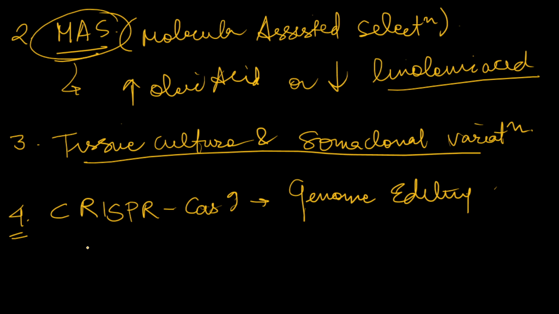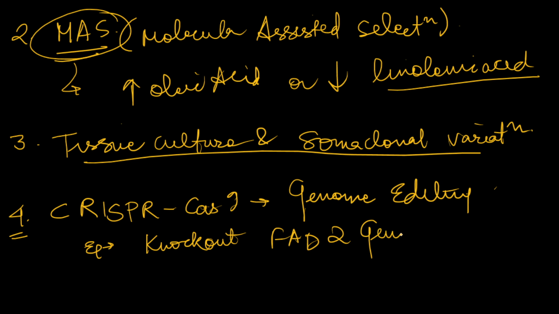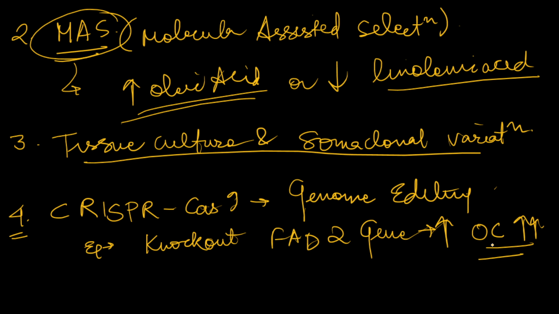For example, we can knock out or remove FAD2 genes to increase oleic acid content. And what it will do, it will increase oleic acid content.